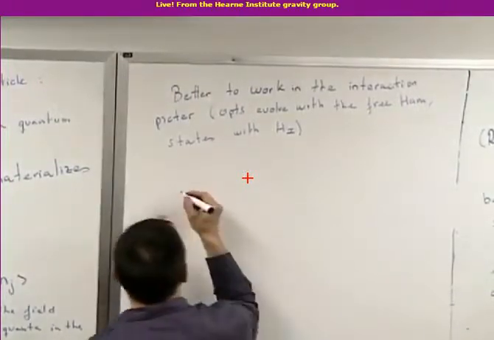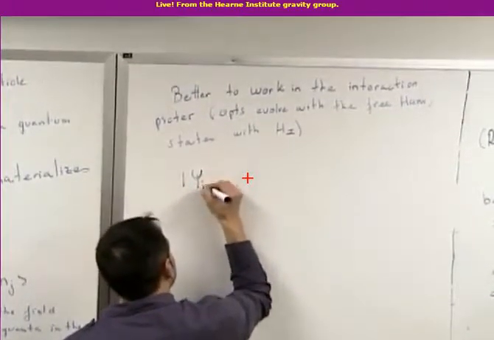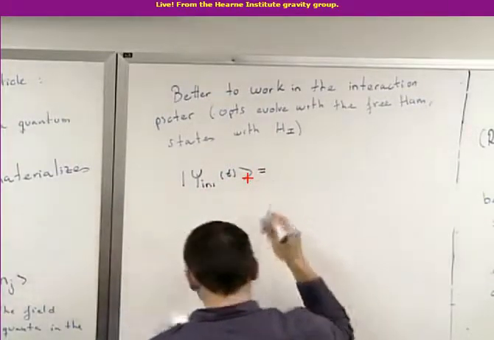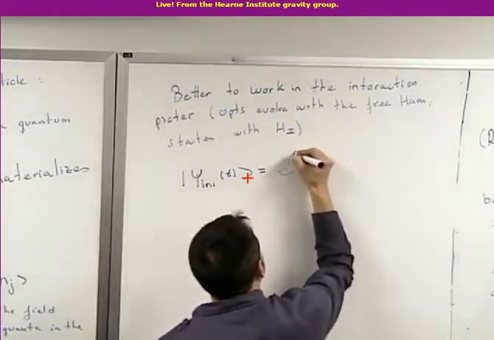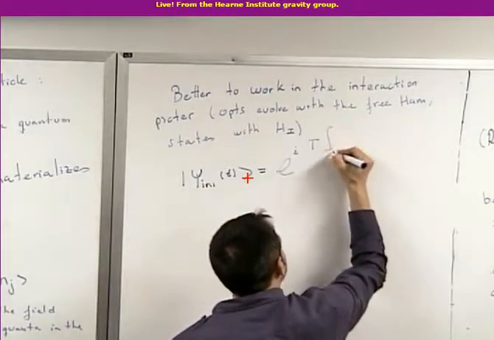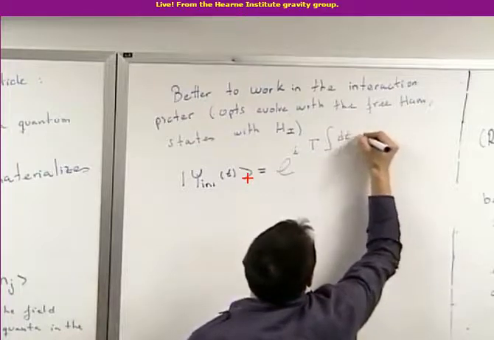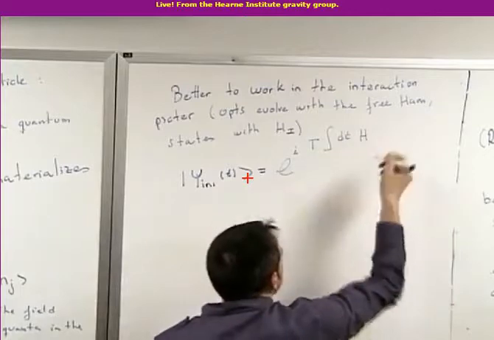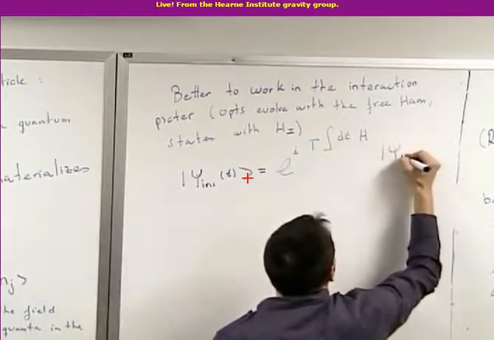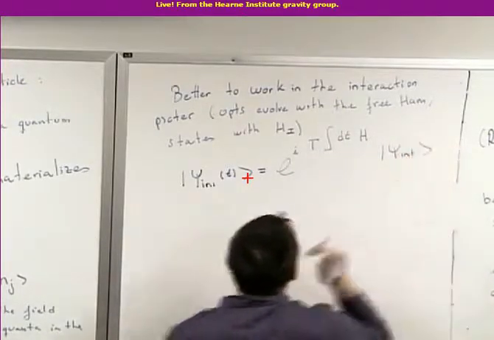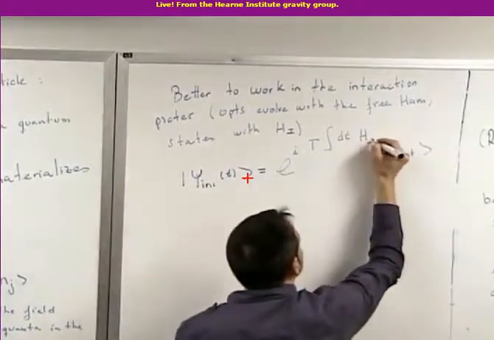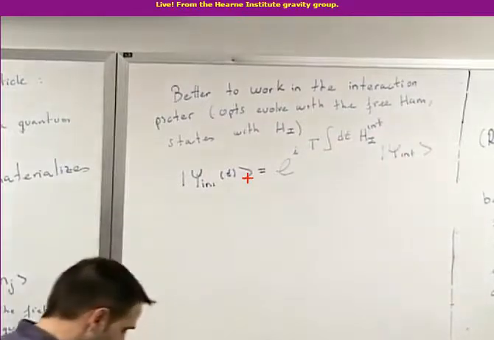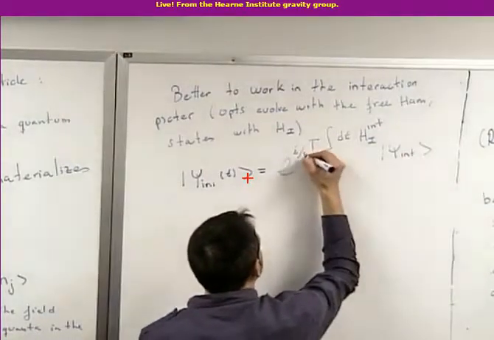So in particular, the state as a function of time will be, as usual, the exponential of the time-ordered integral over the time interval of the Hamiltonian with respect to the initial state at time equals 0. This is the interaction Hamiltonian in the interaction picture. I need an H bar here.